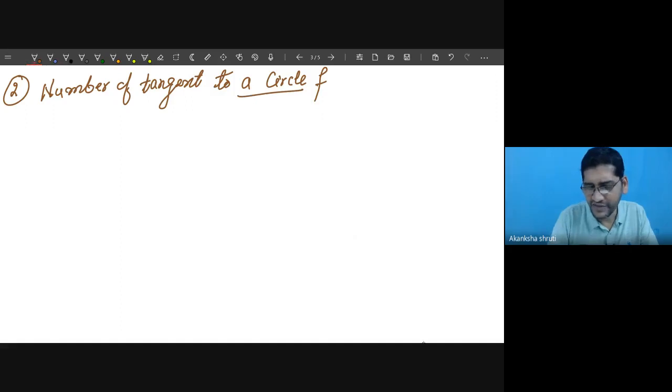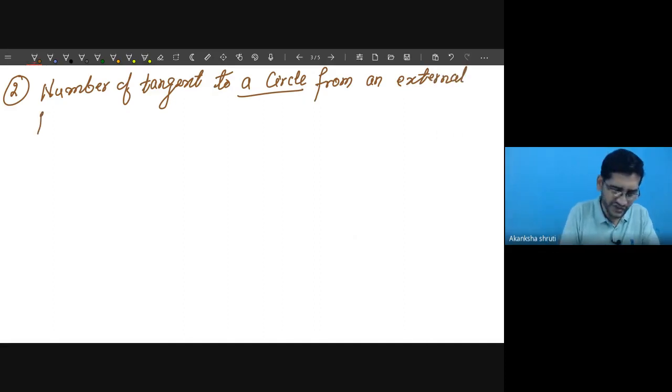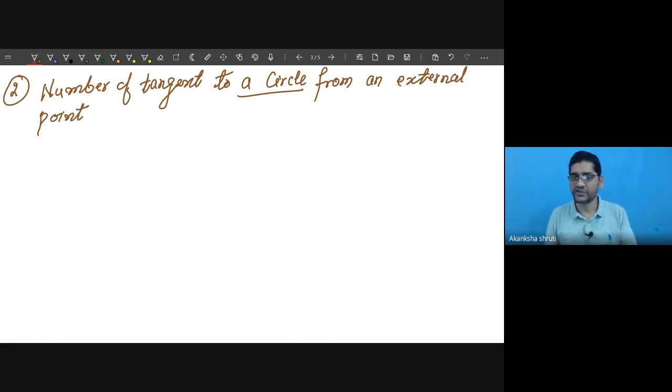We are considering only one circle. It is important because the questions are framed on this topic only. Students, we are given a circle, or better, to draw the perfect circle.